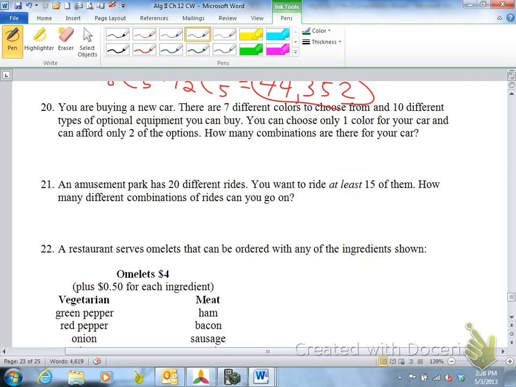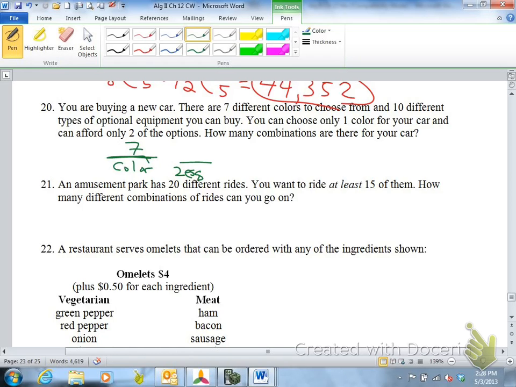So you have to pick a color. So color options, you have 7. You can think of it as 7 choose 1 is 7. And then you pick the 2 equipment. The problem with 2 equipment, though, is the order doesn't matter. If you pick a spoiler and nice rims, and nice rims and a spoiler, it's the same 2.